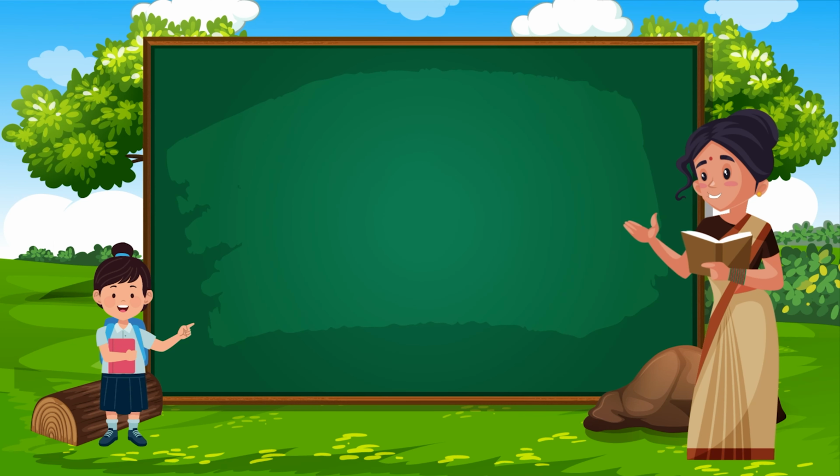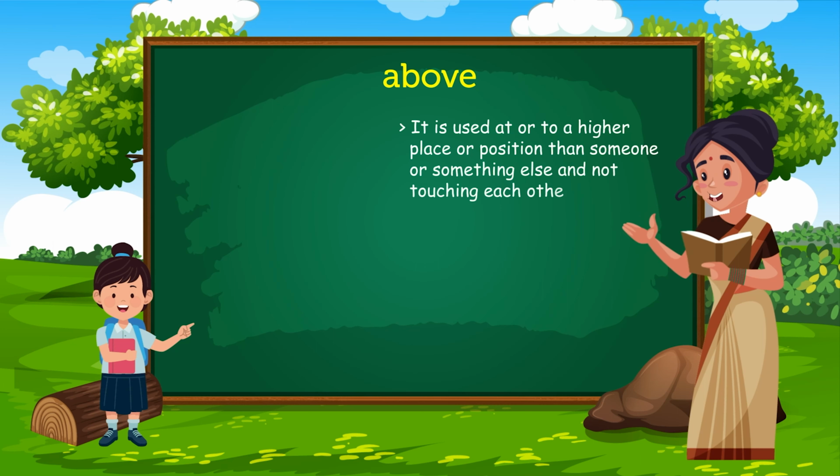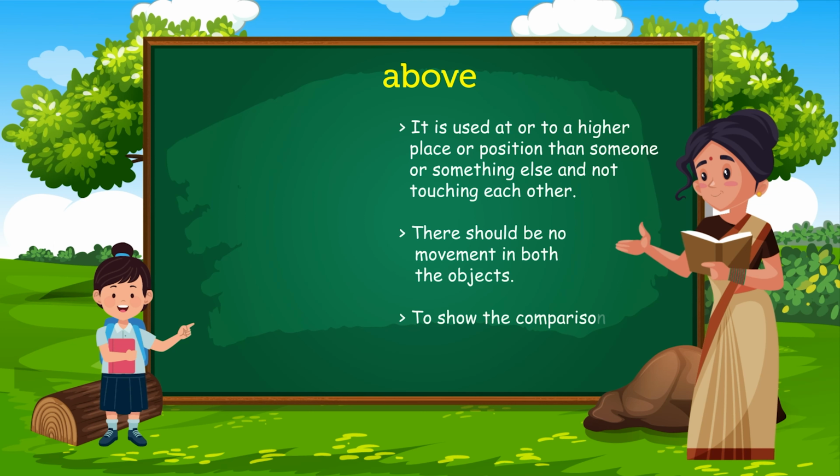We'll move on to the next preposition, above. It is used for a higher place or position than someone or something else and not touching each other. There should be no movement in both the objects. To show the comparison of heights, temperature and level, we use the preposition above.